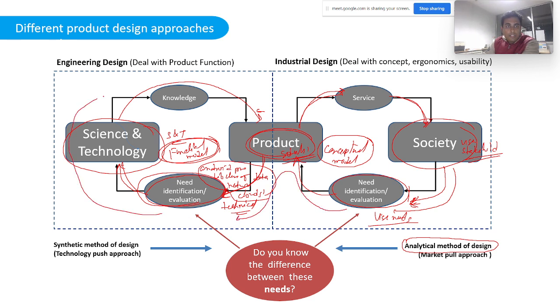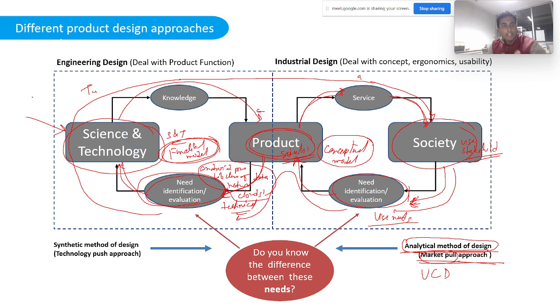You develop a technology, and you provide it as a service to the society. Now the direction in which this design is initiated is from society. So this is what we call the analytical method of design. That means the requirement is a market pull, and this is where the user-centric design process is involved.